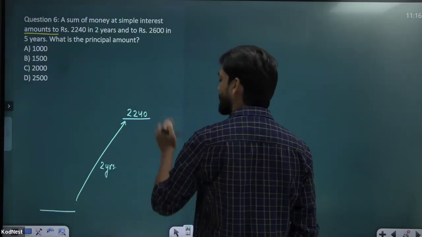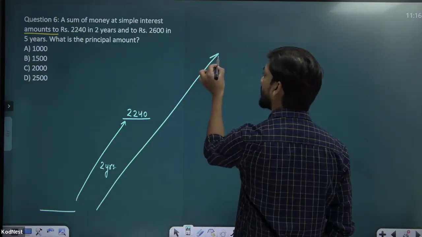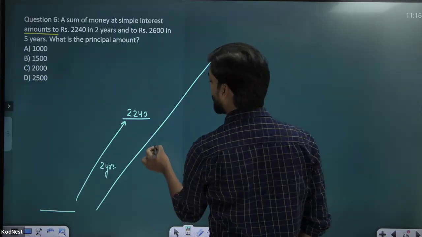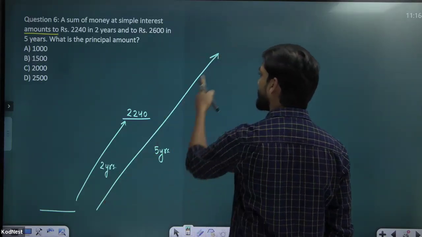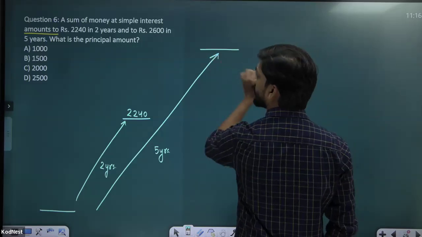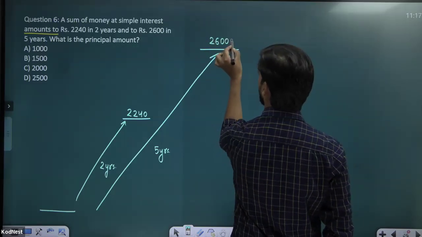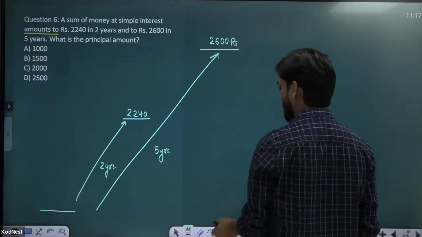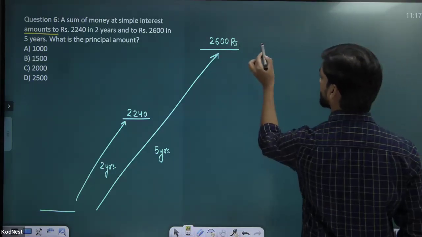After 5 years, if you see your balance, you will see 2600 rupees. All right. Now just carefully answer.